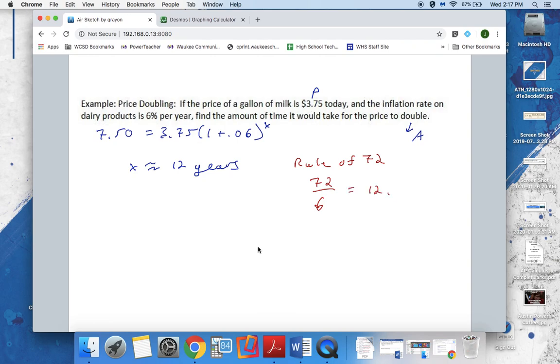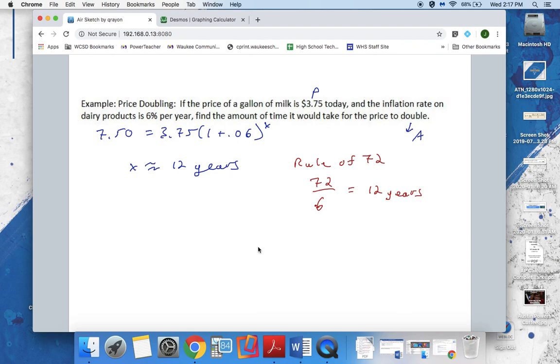And you get about 12 years for the price of something to double. That's pretty interesting how it works out in that regard. It's kind of a strange rule, one of those interesting mathematical coincidences.